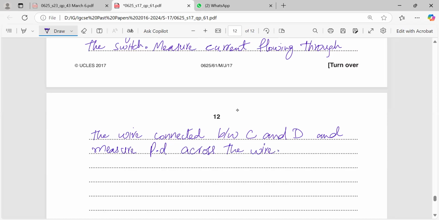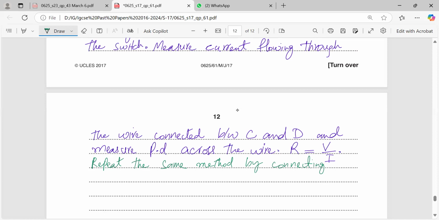Now what to do? You have current, you have voltage. Now R will be equal to V over I, but it is not stopped yet here. As I told you, always you have to say: repeat the same method. What was the independent variable?